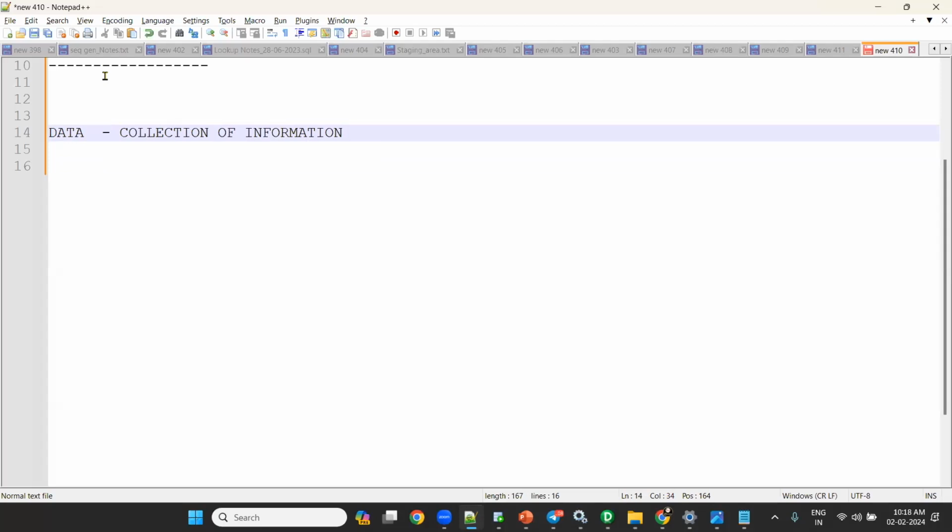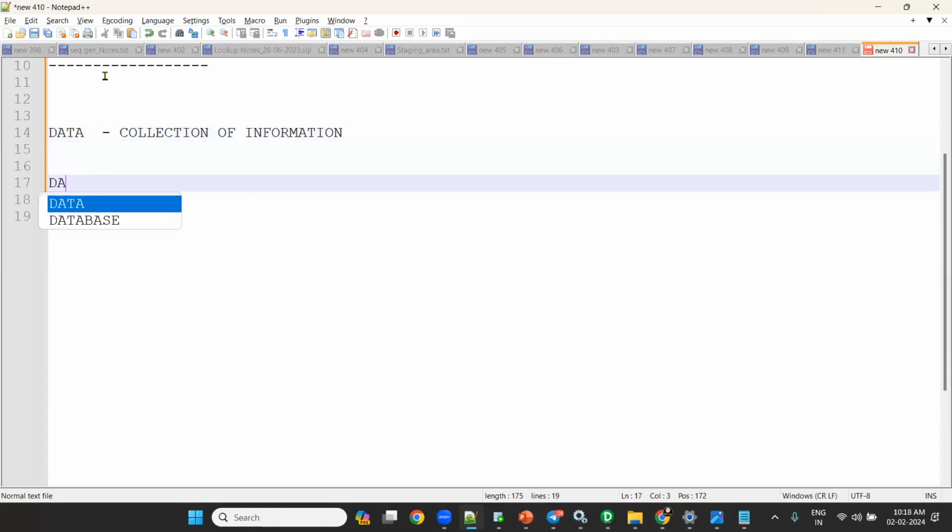So everywhere you will see the data. In the real world, everywhere you will see data. Grocery, that is retail data, manufacturing data, healthcare data, government data, educational data, entertainment data, etc. Clear, please.